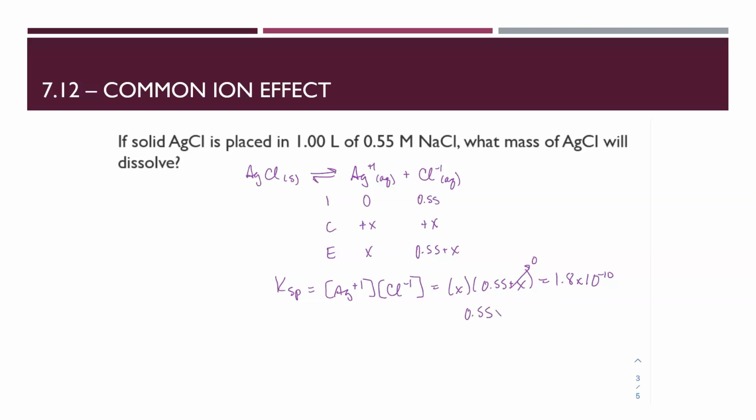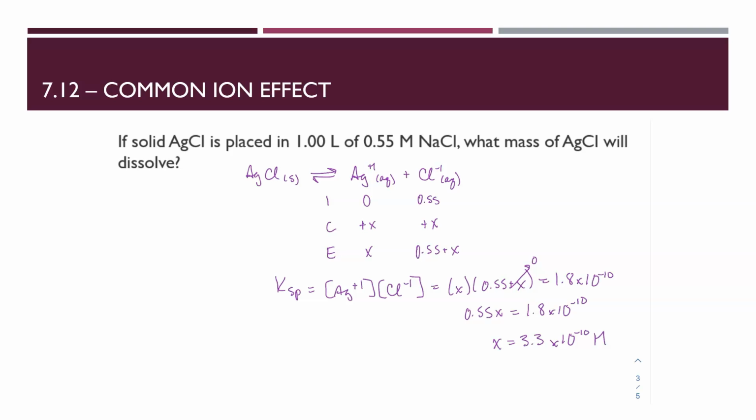So we end up with 0.55 X equals 1.8 times 10 to the negative 10th, which gets us X as being 3.3 times 10 to the negative 10th molar.